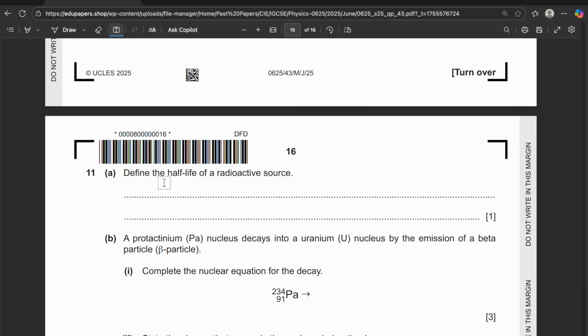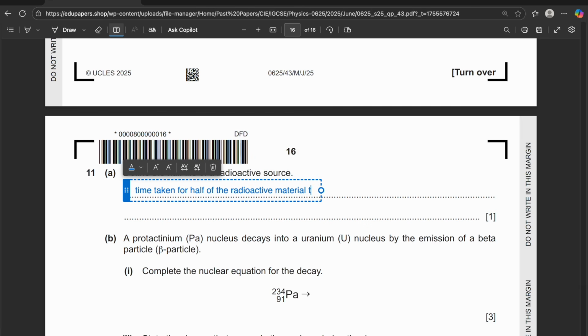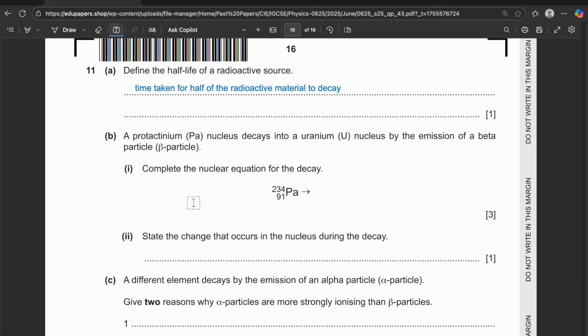11. Define the half-life of a radioactive source. So half-life is the time taken for half of the radioactive material to decay. B. A protactinium nucleus decays into a uranium nucleus by the emission of a beta particle.